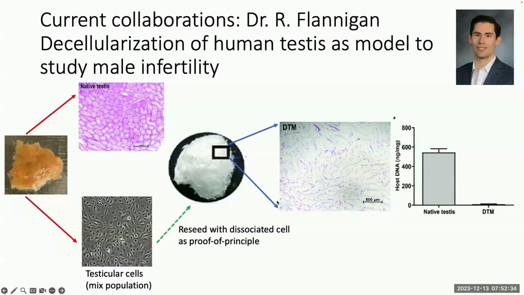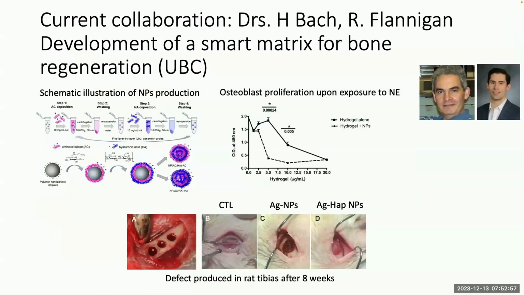We also harvested some cells from that testis tissue, and the idea is to repopulate the scaffold. This is a work in progress as well. Megan, her research associate, has another sample of the decellularized tissue, because they are going to lyophilize it and put it into the 3D bioprinter.